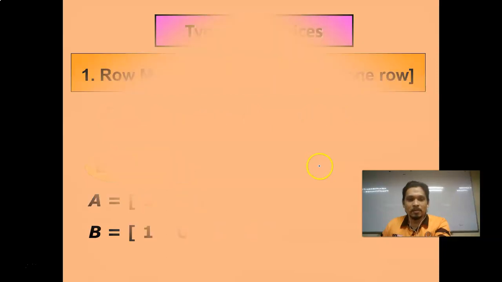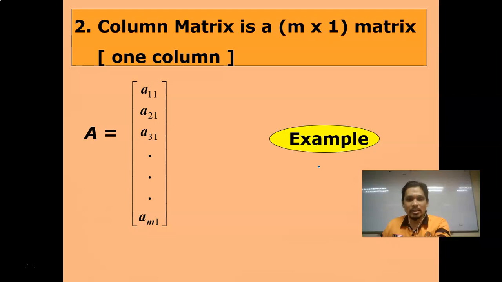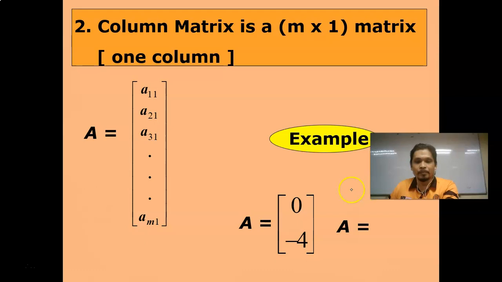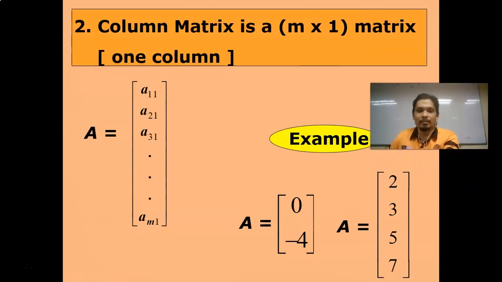I'm not going to explain everything here; you may just read and it's understood, because the explanation is very simple. The column matrix is m times 1, with only 1 column.